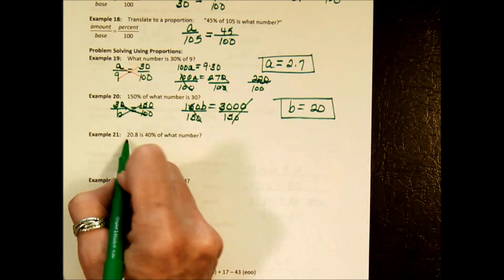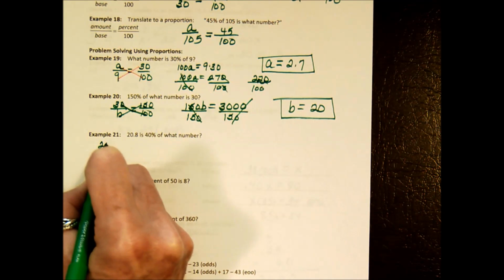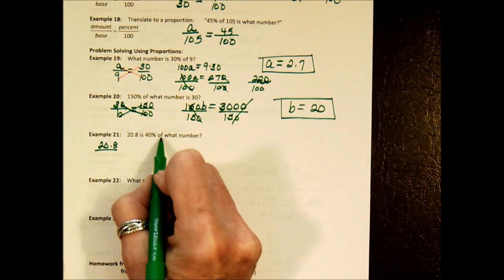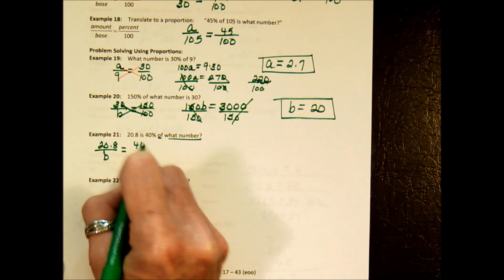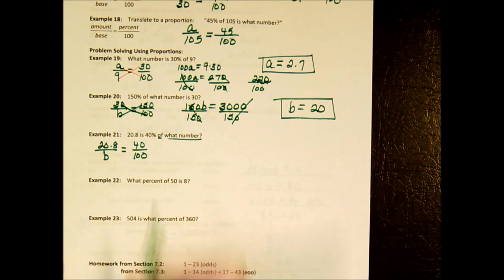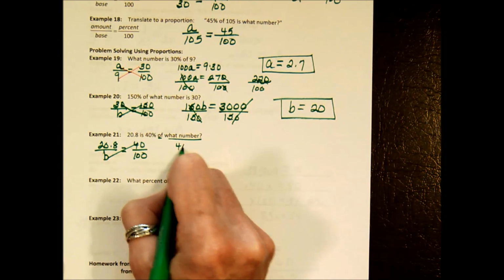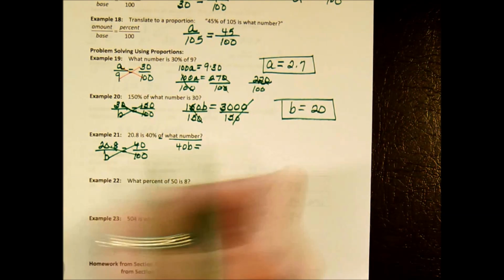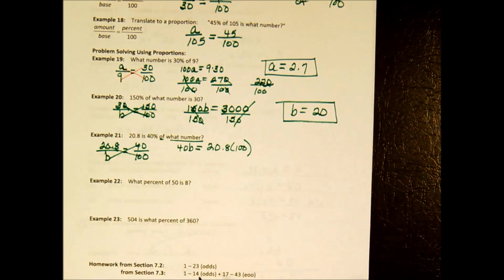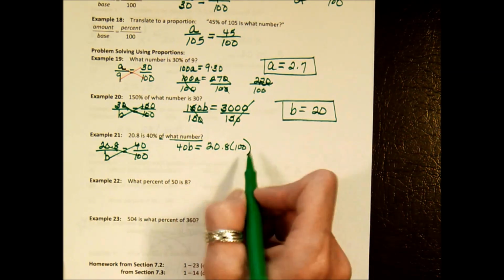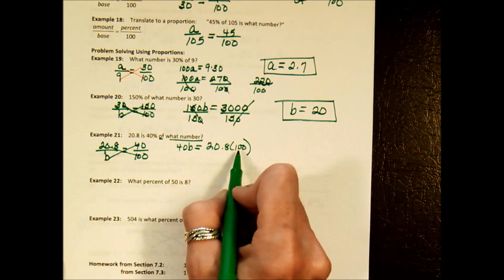Next one, 20.8 is my is number. Where's our of number? Of what number? So that is B. 40 is my percent over 100. Cross products, 40B equals 20.8 times 100. To multiply by 100, I move the decimal point that many places to the right.